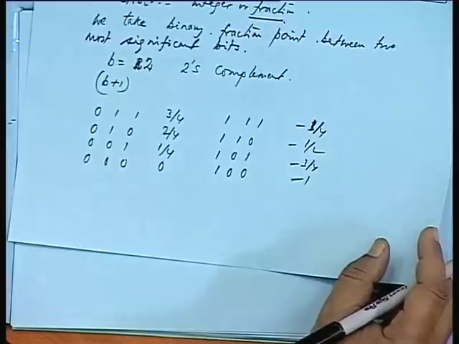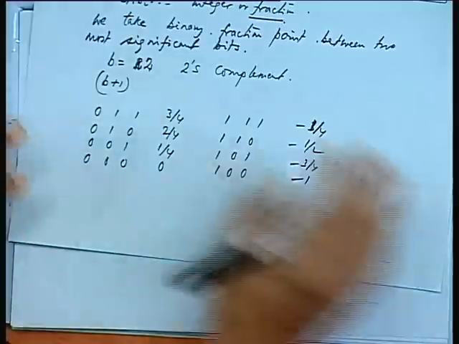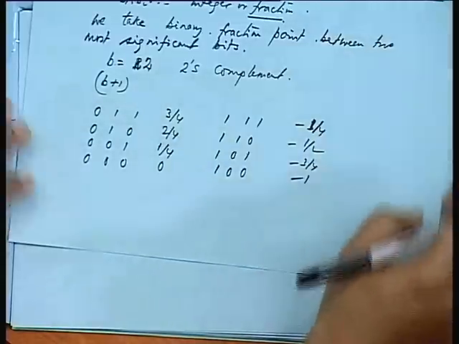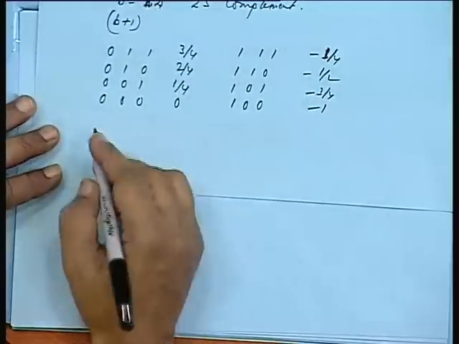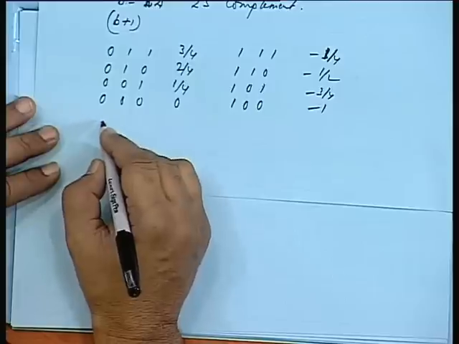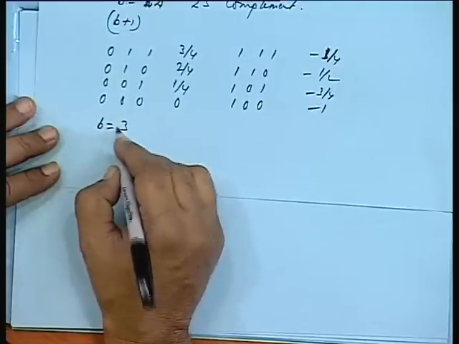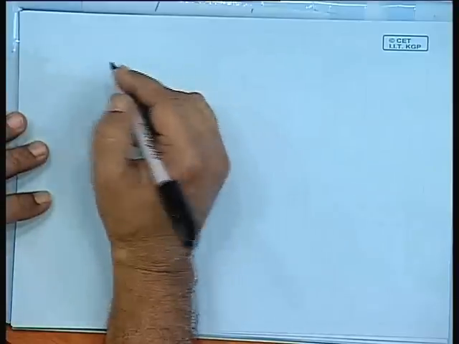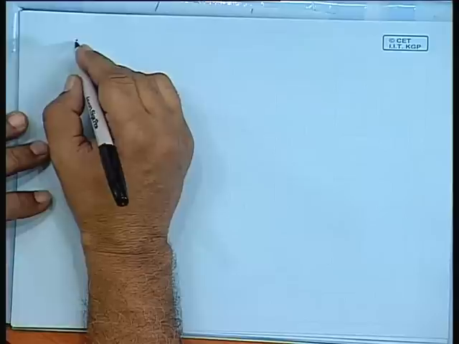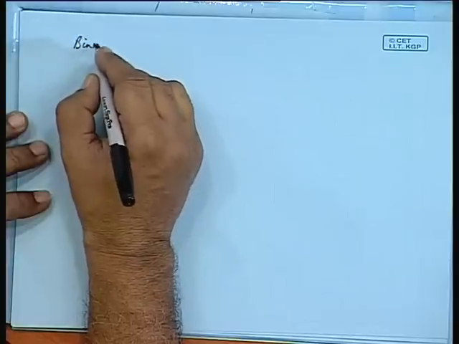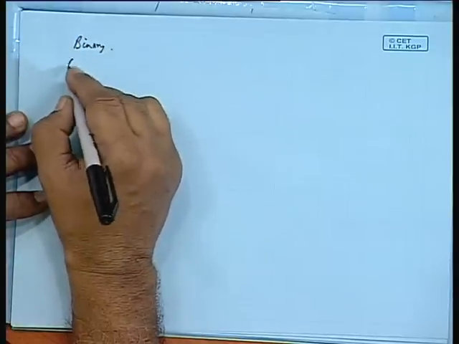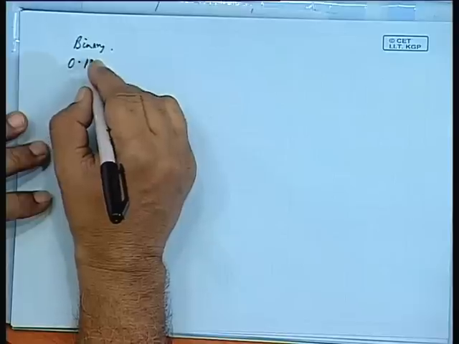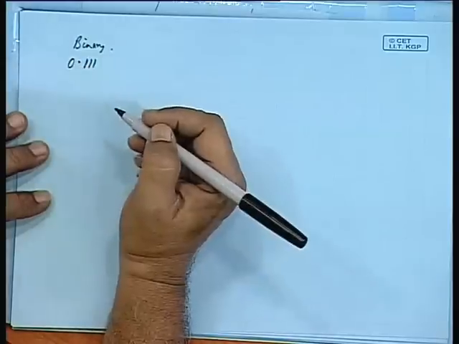If you have a 3-bit word length, that is, if you have b is equal to 3, now let us write in 2's complement, 1's complement and simple sign magnitude. So, what do they represent? 0.111, the decimal point is here.